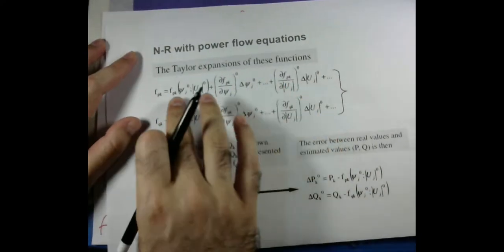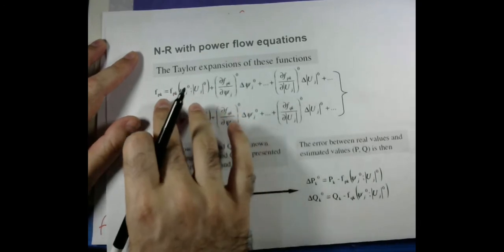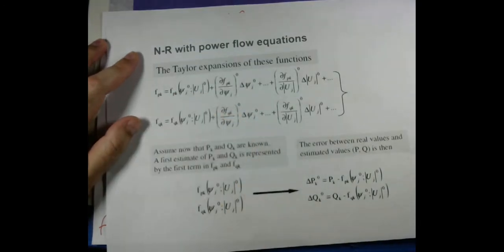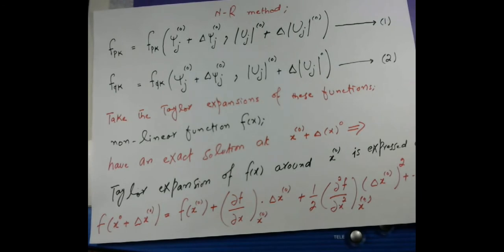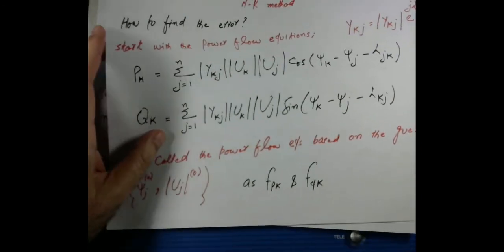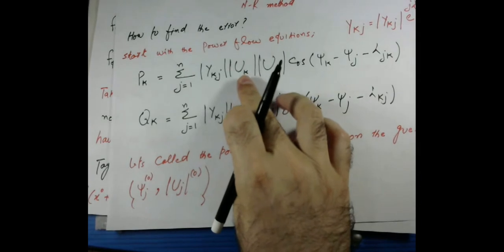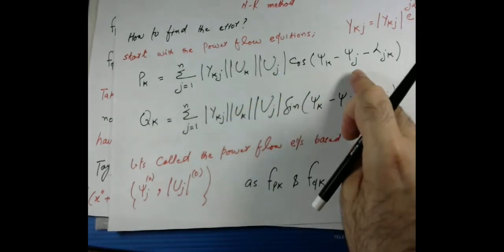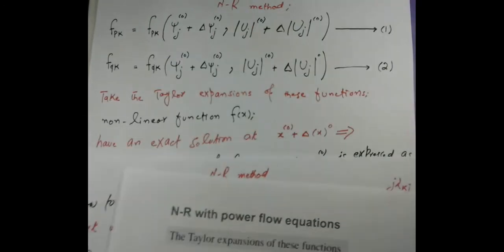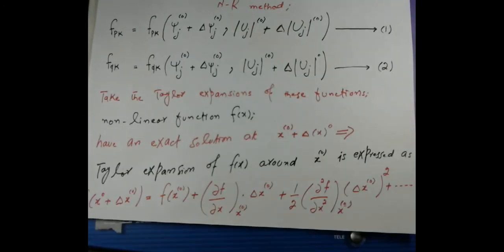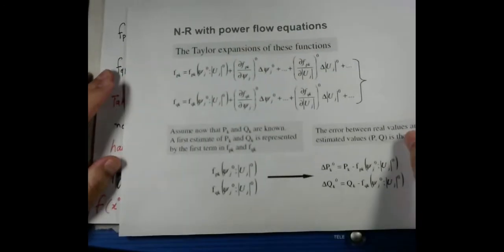That is the first term, because in the power flow equation, if we want to calculate the power flow, we should know the voltage magnitudes as well as the angles. We have discussed it before. So two variables are involved in the power flow equation.